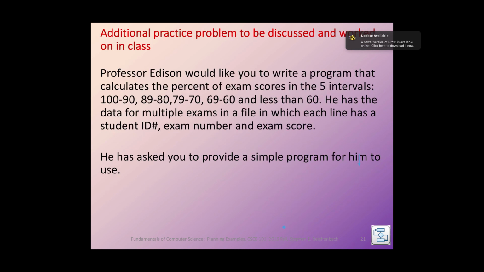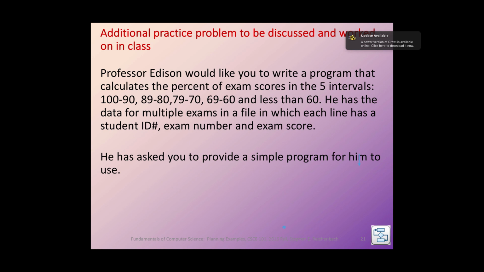Okay? In class on Friday, we're going to be working an additional problem that we have written down here. Professor Edison would like you to write a program that calculates the percent of exam scores in the 5 intervals: 100 to 90, 89 to 80, 79 to 70, 69 to 60, and then less than 60.